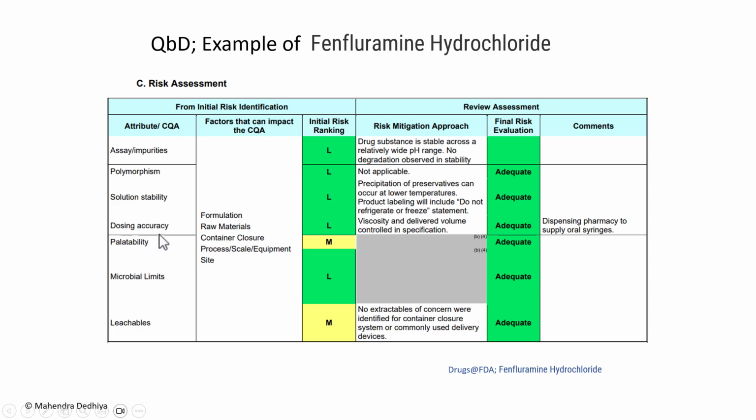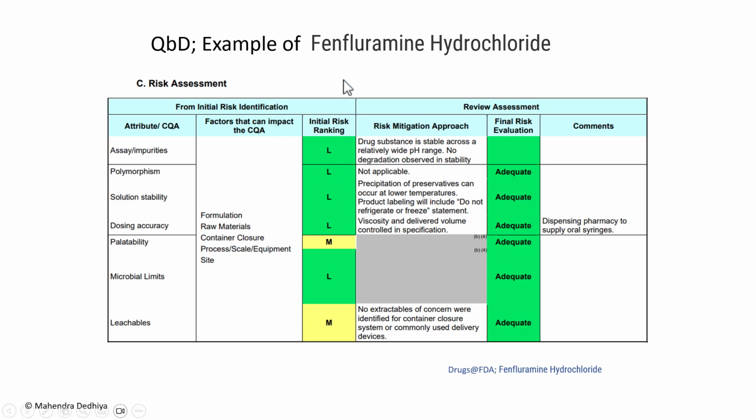One of them was dosing accuracy. It was assigned a low risk. However, the risk mitigation approach was that viscosity and delivered volume be provided in the quality control specification. In addition to that, pharmacy to supply a syringe.